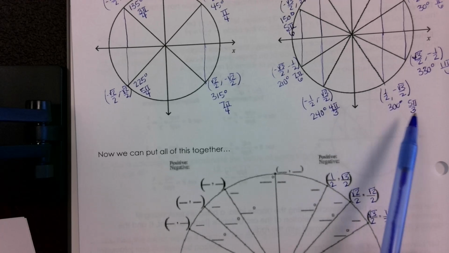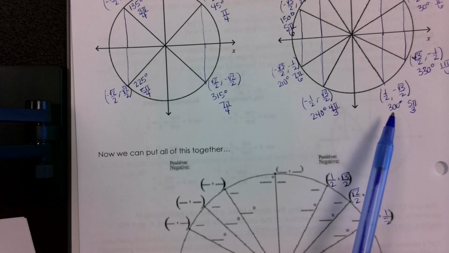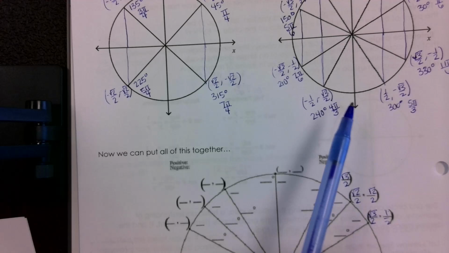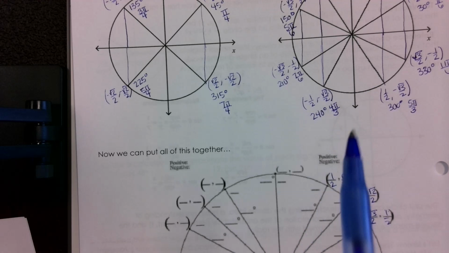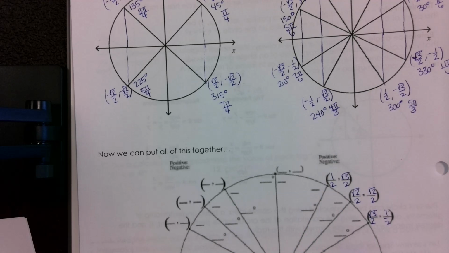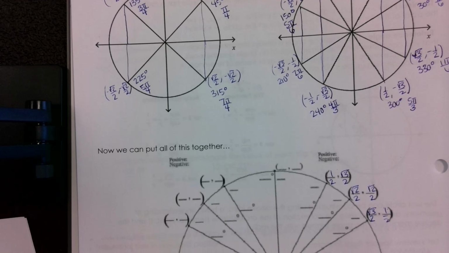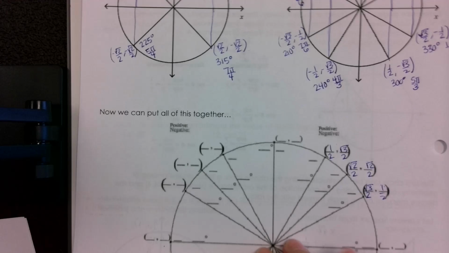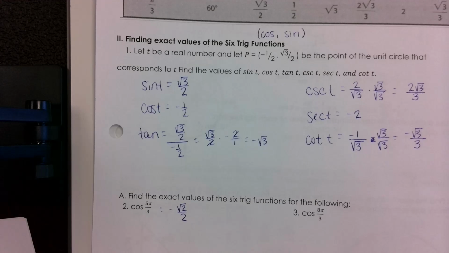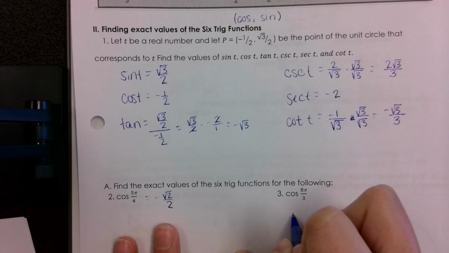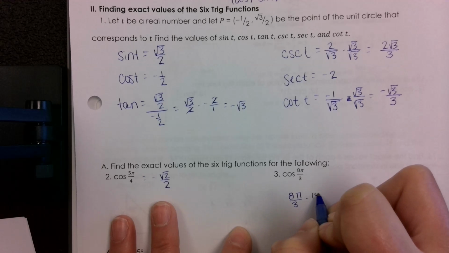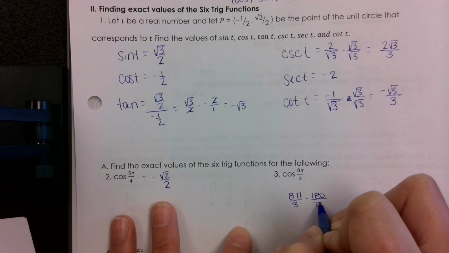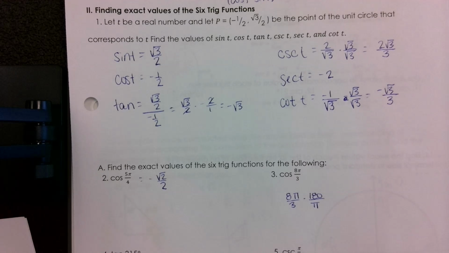We're trying to get to 8 pi over 3. Do you want to convert that to degrees and see where that falls? Would that be easier? Okay, so 8 pi over 3 in degrees, what is it? 480.